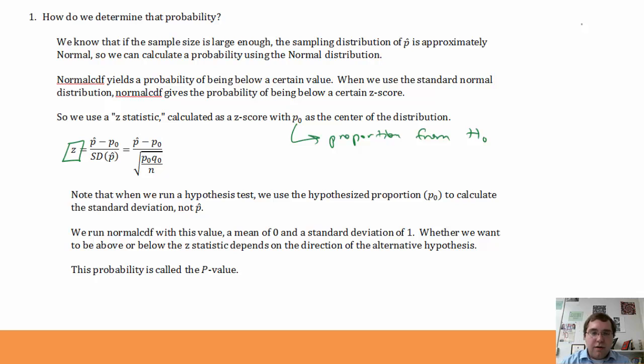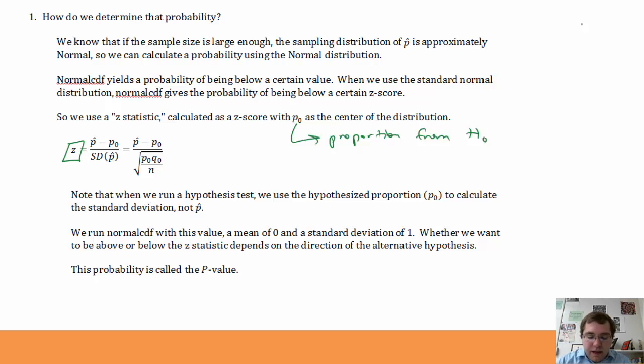Whether we want to be above or below the Z statistic, whether we want to go from negative 1,000 up to this Z statistic, or go from the Z statistic up to 10,000, depends on the direction of the alternative hypothesis. In this particular example, we said that we were above 0.5, so we would want to go above.